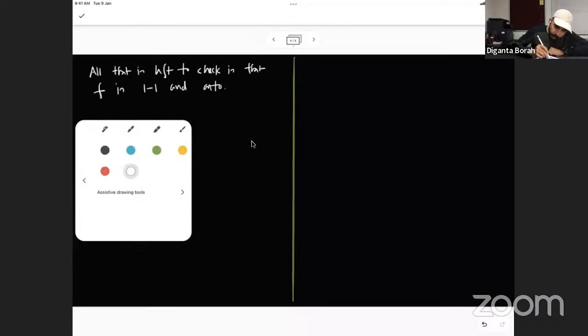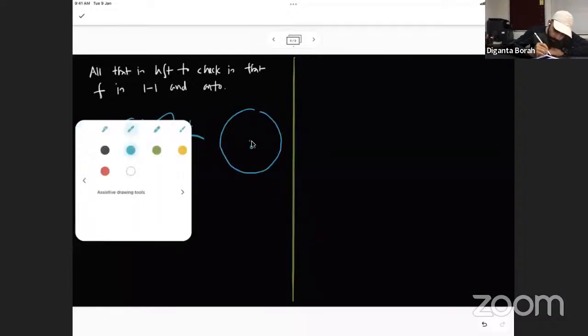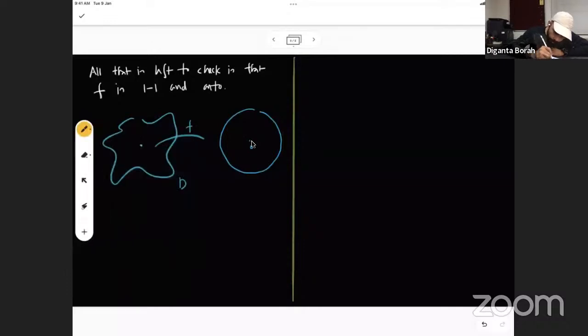So what you can do here is I'll simply draw a picture. This was the domain D, say, and by means of this map f, 0 is here. You have mapped it inside the unit disk. So this is 0.